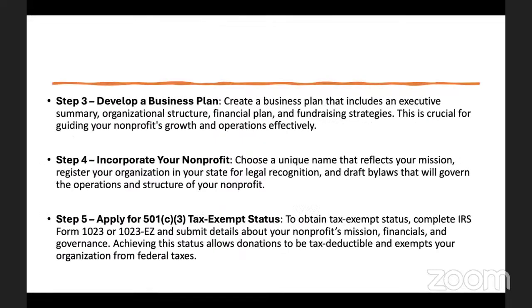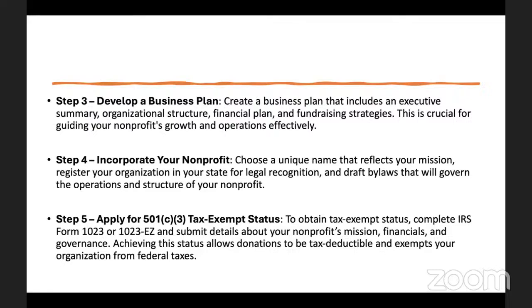Step number 3 is develop a business plan. Create a business plan that includes an executive summary, organizational structure, financial plan, and fundraising strategies. This is crucial for guiding your nonprofit's growth and operations effectively. Step 4, incorporate your nonprofit.